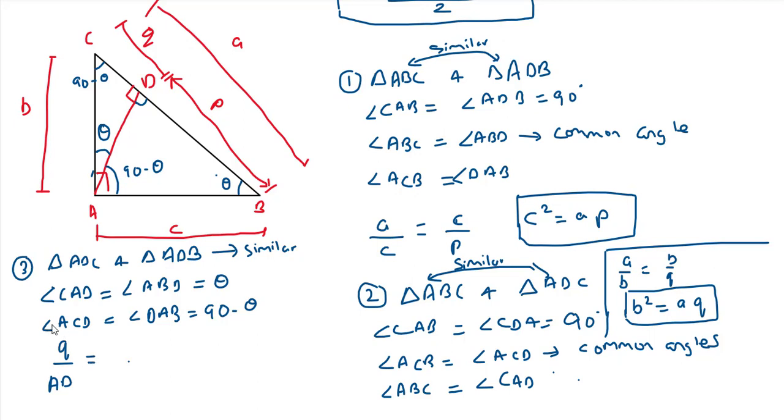From the second pair of equal angles, the side opposite to angle ACD is again AD. So we get AD upon the side opposite to angle DAB, and that is P. From here we'll get the relation AD square is equal to P into Q.